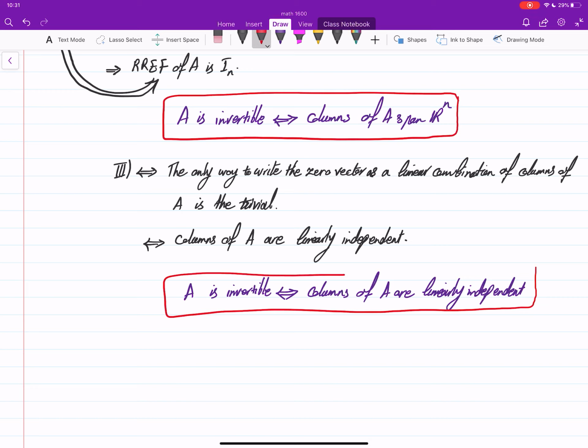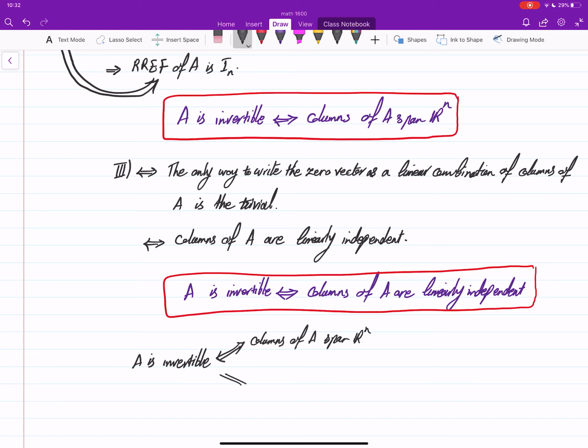But if you put these two versions together, it means that if I start with A is invertible, then on one hand, this is equivalent to the columns of A span Rn.